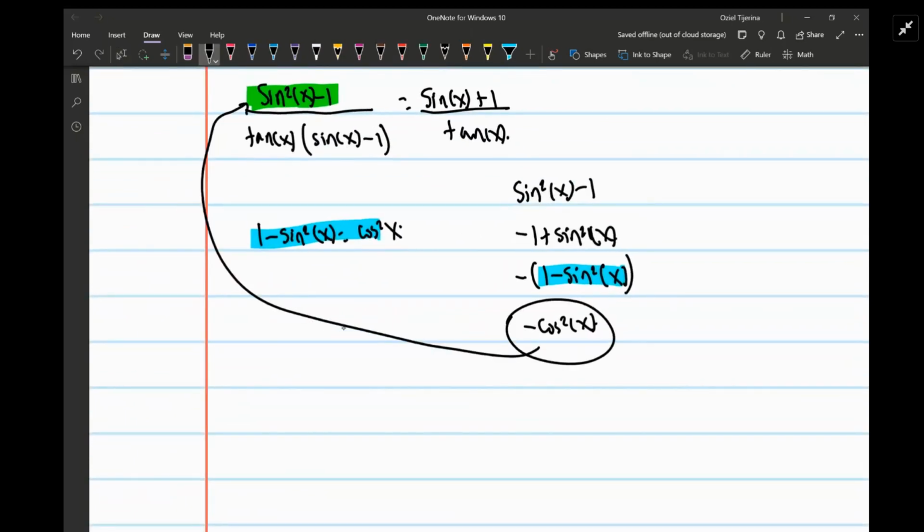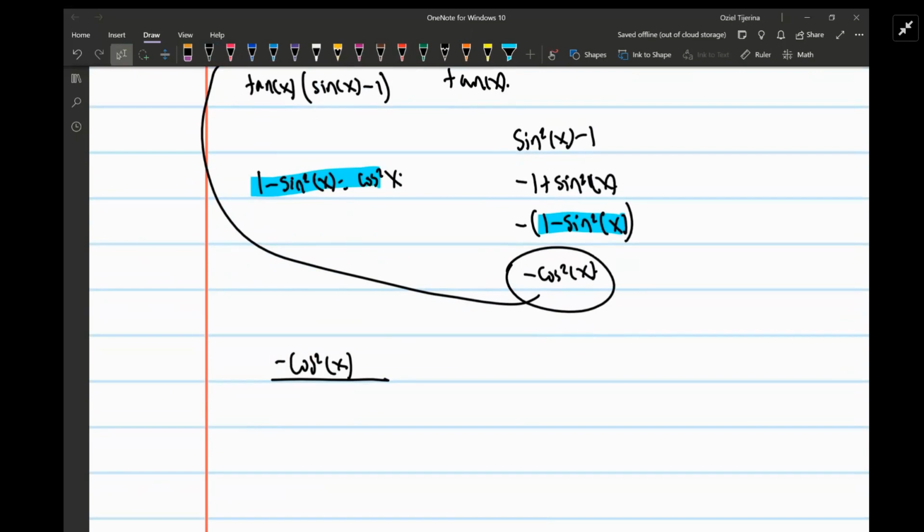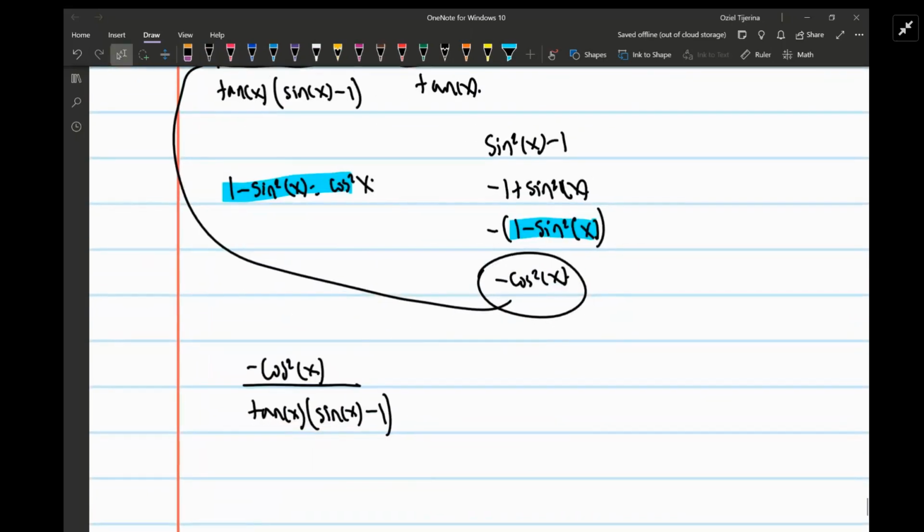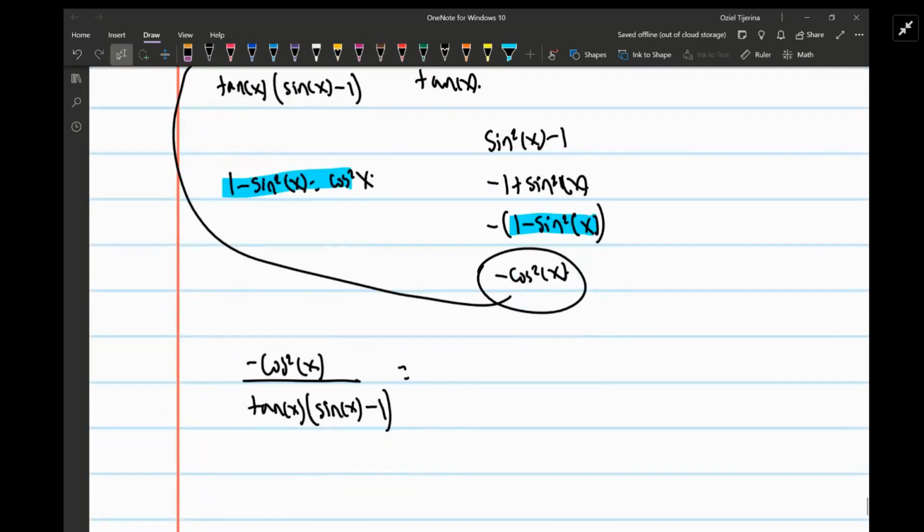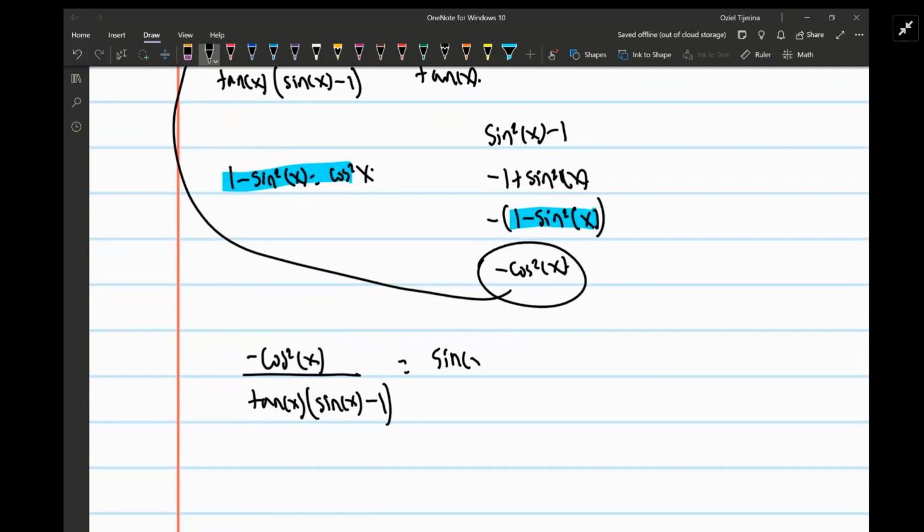Okay, so we have negative cosine squared of x over tan of x times sine of x minus 1, and this is equal to sine of x plus 1 over tan of x.